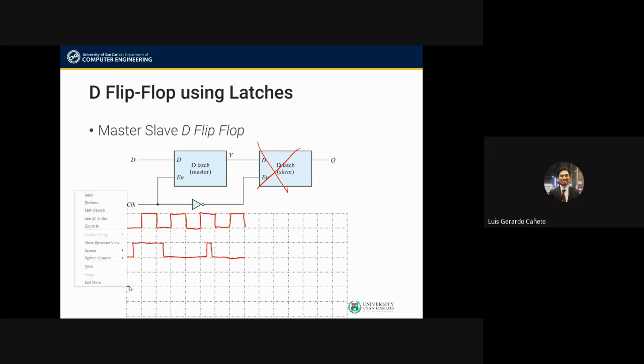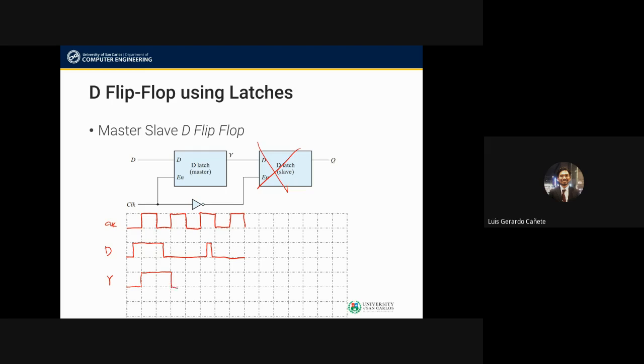So it's 0 here, but as long as clock is equal to 0, we keep the value of Y, right? Y is equal to Y. Then when clock goes to 1, we then copy the value of D, right? So as long as that's equal to 1, this goes back to 0. So now Y is maintained at 1. But now this is 0, and we're going back to 1. So we once again copy the value of D.